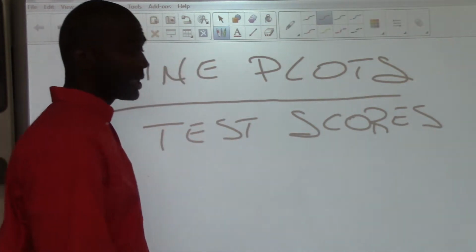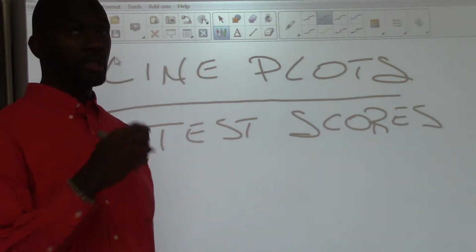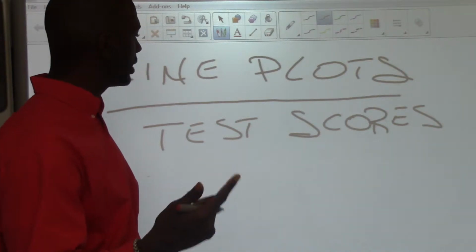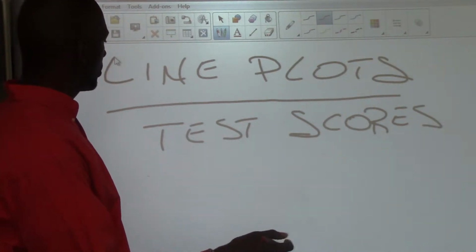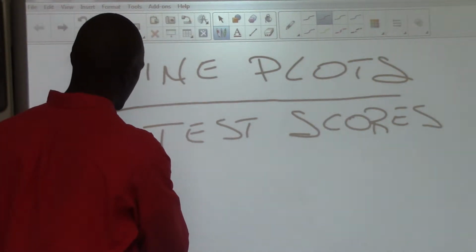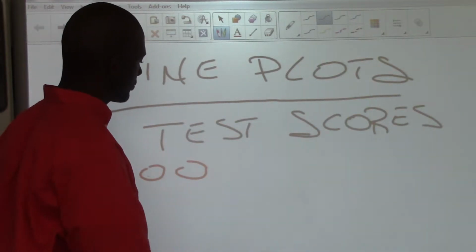I'm just going to make up random test grades so that we can use these scores in order to plot on the line plot. The first score we're going to have is 100.